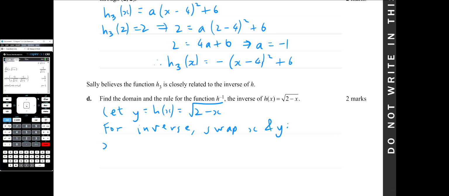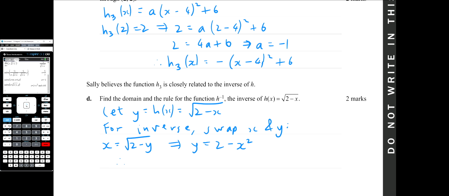So we're going to have x equals root 2 minus y. And this gives us y equals, so menu 3-1, x equals square root 2 minus y, comma y. So y equals 2 minus x squared. We also get told on the calculator that x is greater than or equal to 0. So therefore, that is our domain.